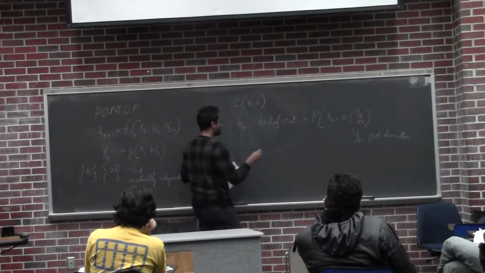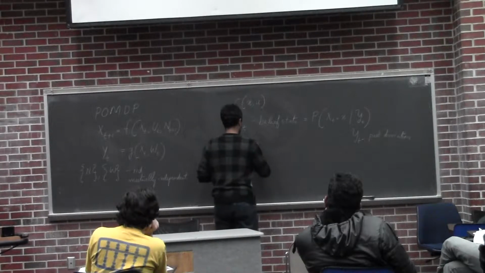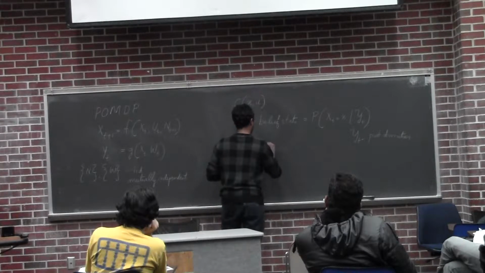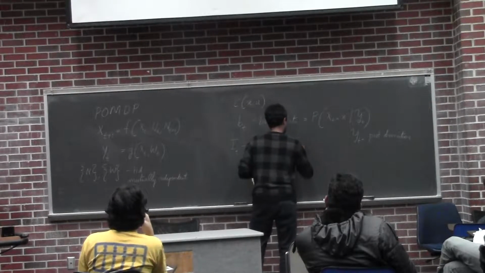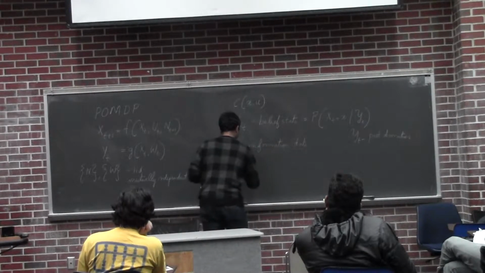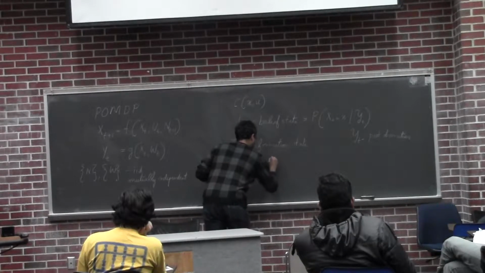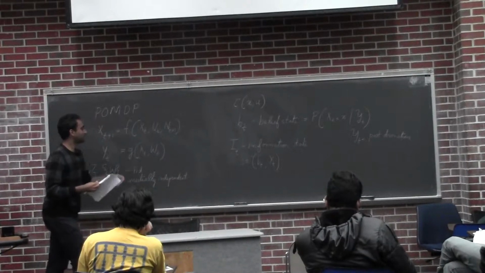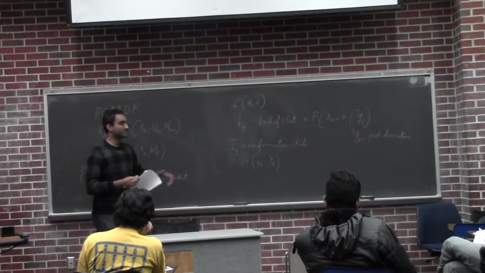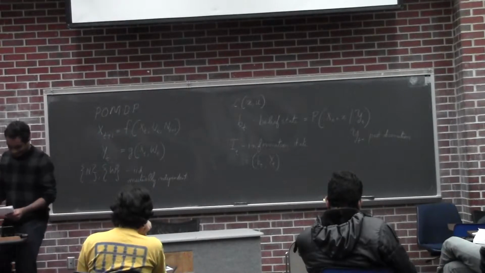So further, we augmented the state and formed what we call the information state, which was defined as a combination of the belief state and the observation process, right?